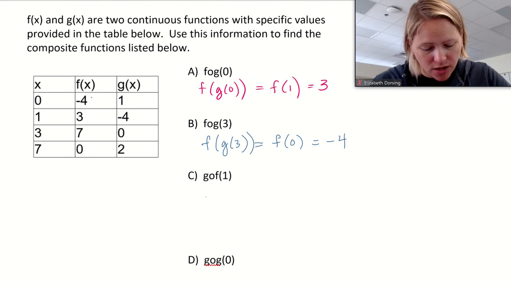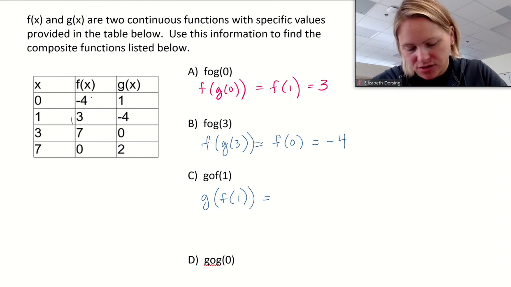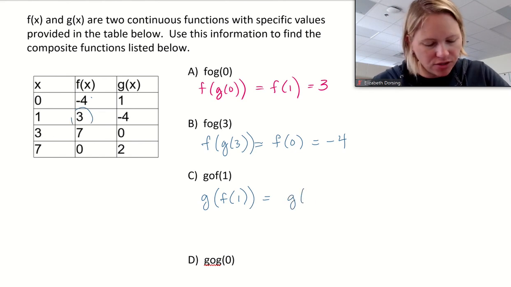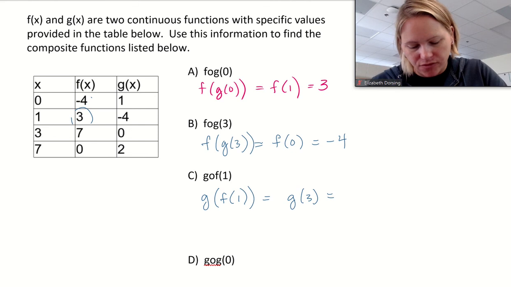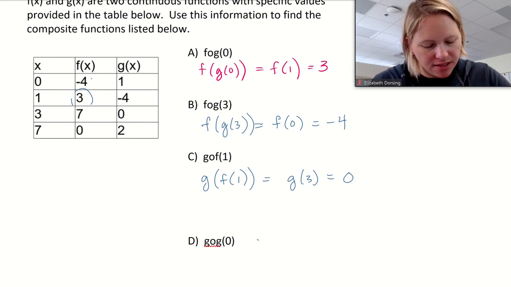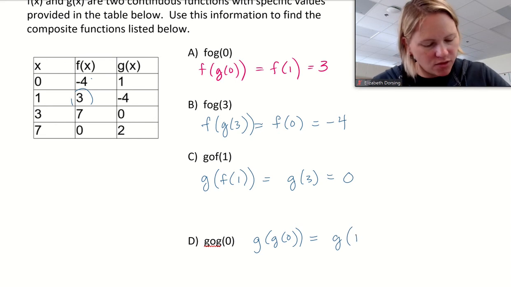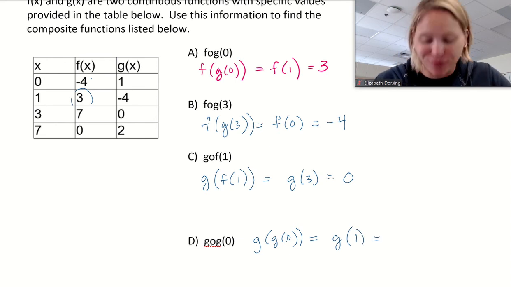g of f of 1, I need to find f of 1. So f of 1 is 3, so I need to find g of 3. g of 3 is 0. And last but not least, g of g of 0, well, that's asking me to find, let's see, g of 0 is 1, so now I need to find g of 1.